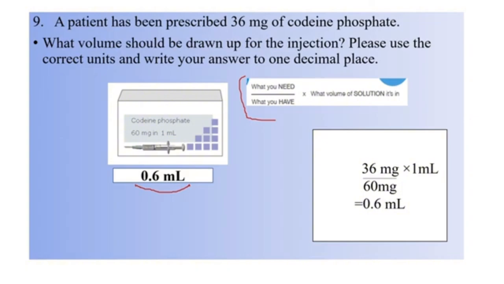So our need is 36 mg and we have got 60 mg in 1 ml of codeine phosphate ampoule. So if you calculate this, you'll get answer 0.6 ml.